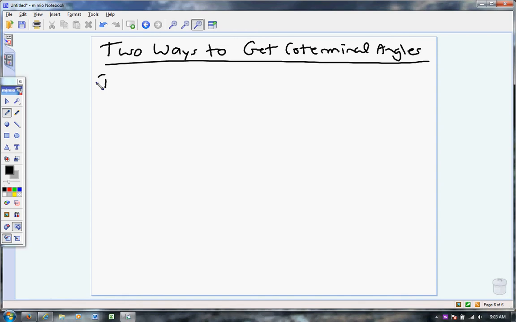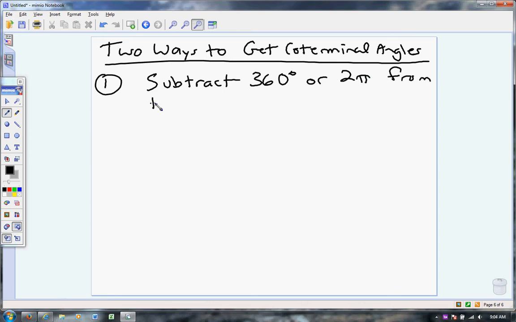Number one, subtract 360 degrees or 2 pi from the original angle. We'll talk about the 2 pi some more in a few minutes, or maybe in our next day of notes, but just for now, we know that we can subtract 360 and get a coterminal angle.